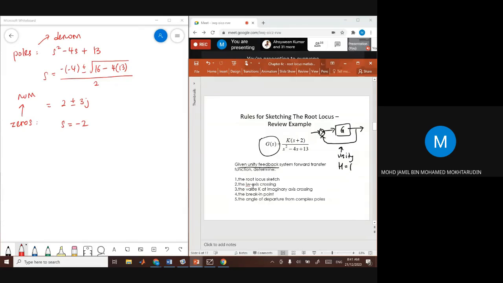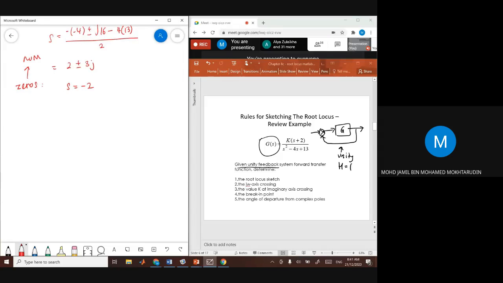Okay, so let's find the jw axis crossing. For jw axis crossing, what we need to do is determine the closed loop transfer function, find the denominator, and then use the denominator in the Routh-Hurwitz table.